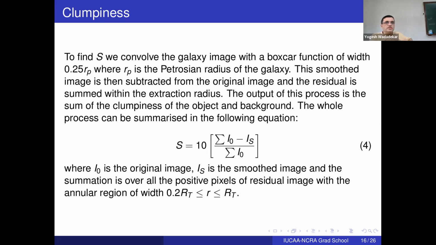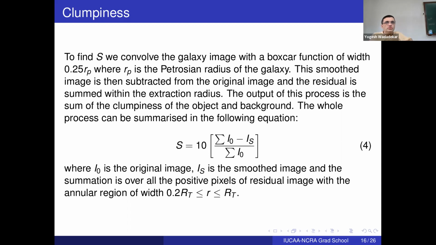The output of this process is the sum of clumpiness of the object and the background, right? So you have clumpiness defined in this way, where I0 is the original image, IS is the smoothed image, and the summation is over all the positive pixels of the residual image within the annular region of width 0.2 R to R extraction, R_T. Okay.